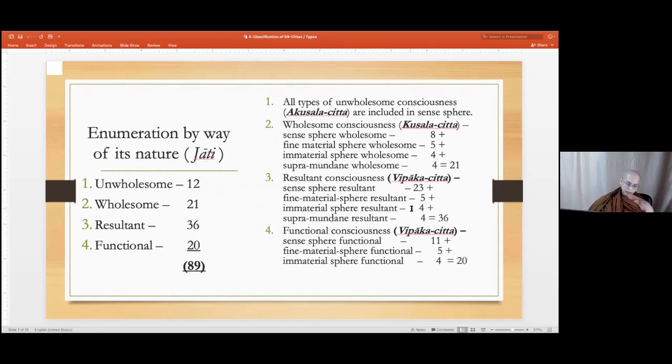We will study more about the detailed numbers and detailed classification in the next lessons. We will take our time in studying the detailed classification of consciousness, so you don't need to worry. Just get the numbers. It's okay for this time.